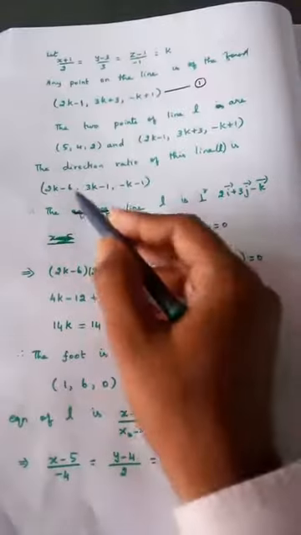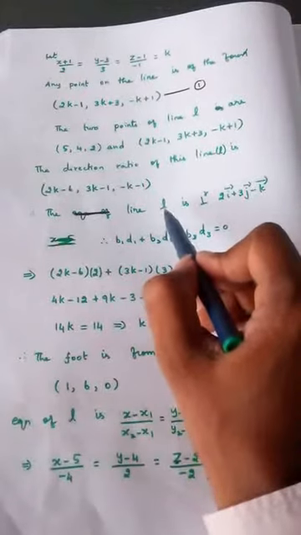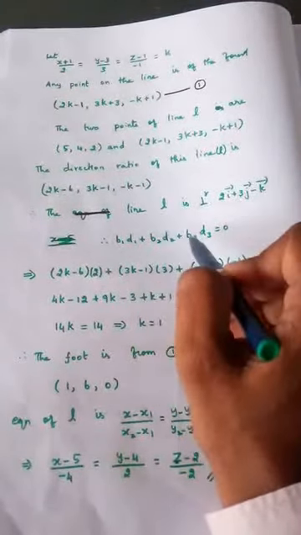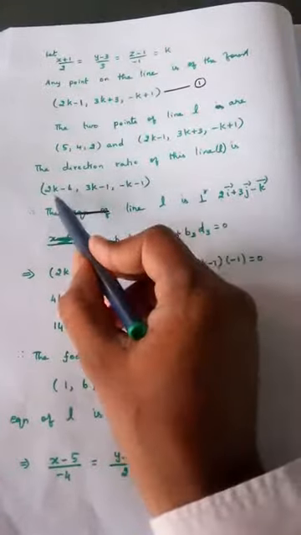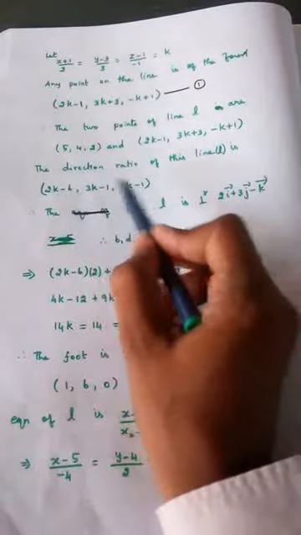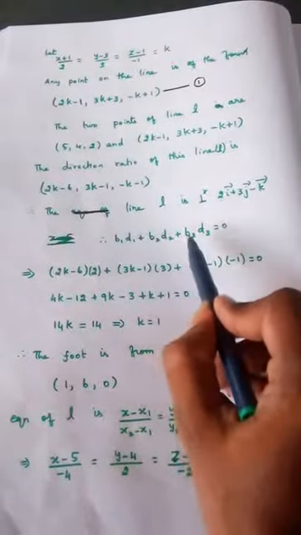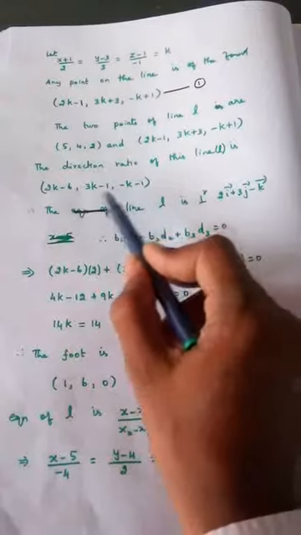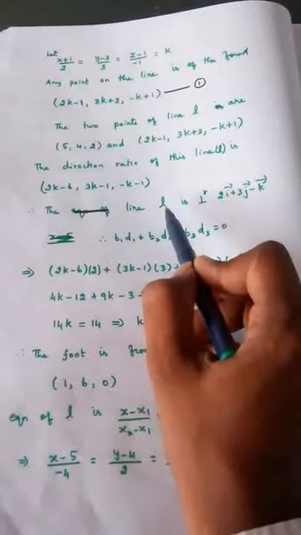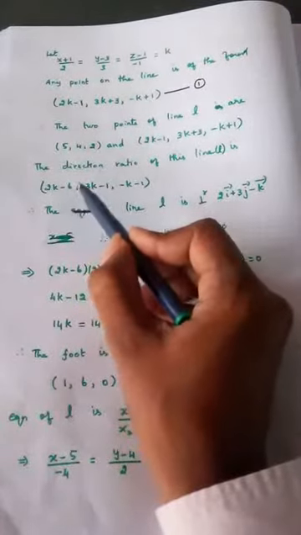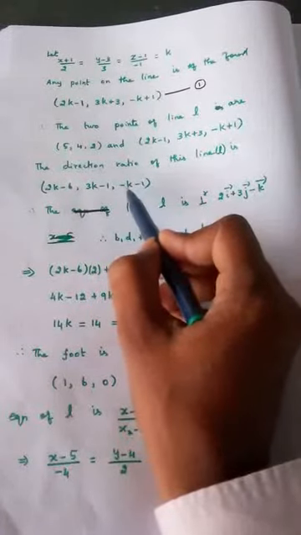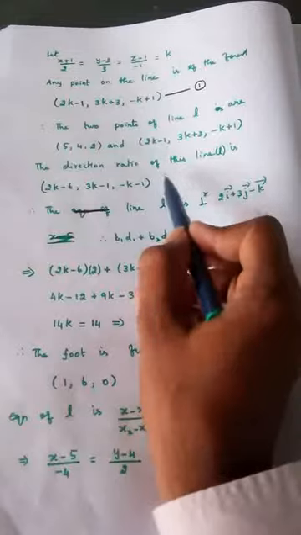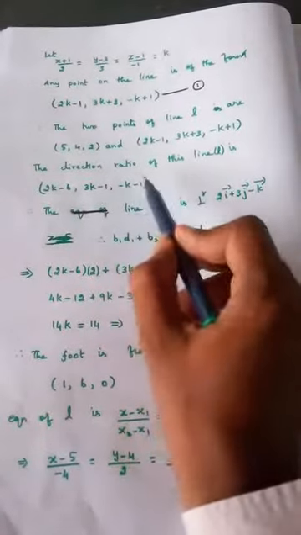Again I repeat that the direction ratio of L can be taken as b1, b2, b3. Try to understand the line L, the direction ratio we found out can be taken as b1, b2, b3, because this is nothing but the L vector. If I want to write the L vector, I write 2k minus 6 into i vector plus 3k minus 1 into j vector plus minus k minus 1 into k vector, that is taken as b1, b2, b3.